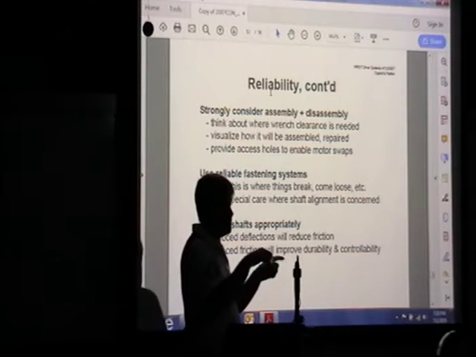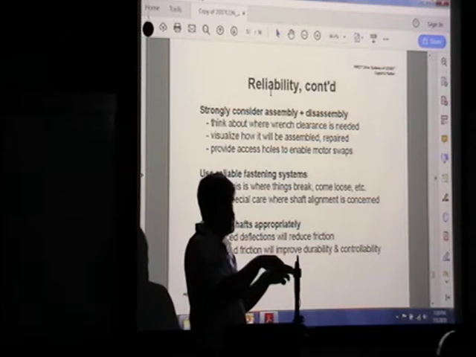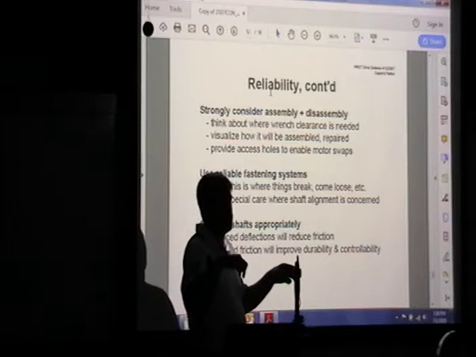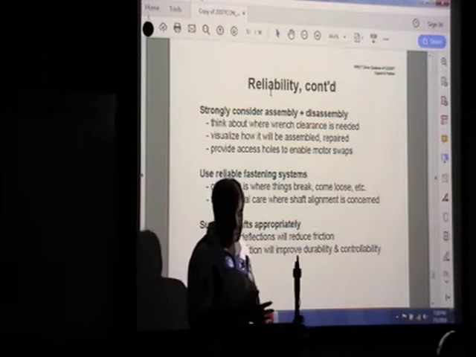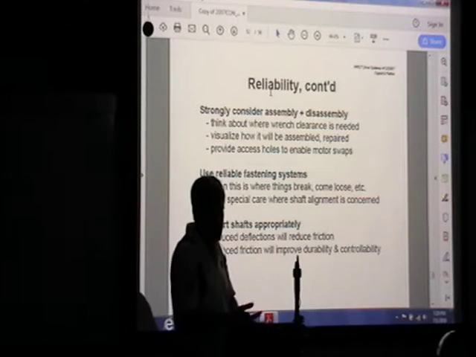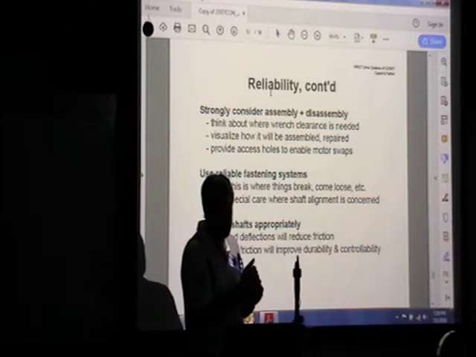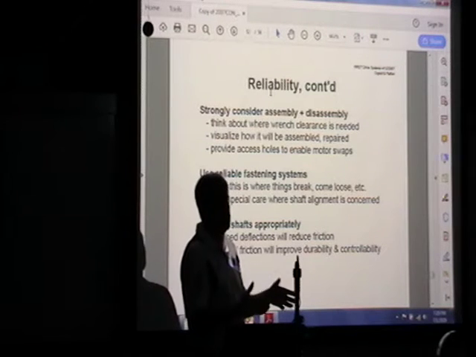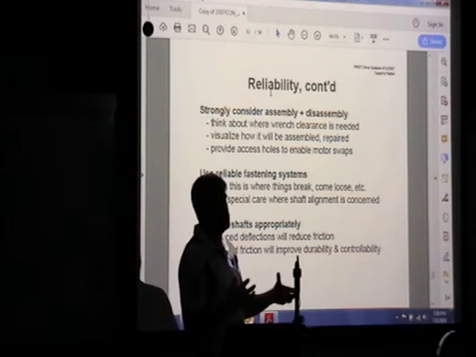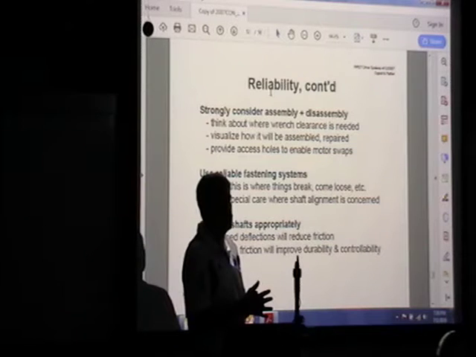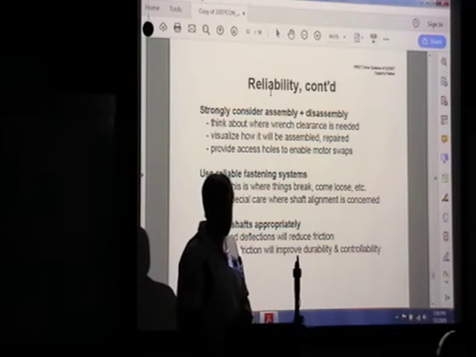It'd be much better to take one of those loads and move it back over towards the bearing so that you're not deflecting the shaft as much. And of course, reduced friction will improve durability and controllability. So if you get some friction in there, and if it's flexing something, your control system's going to go crazy trying to compensate for it, and you need more consistency in your drive system.